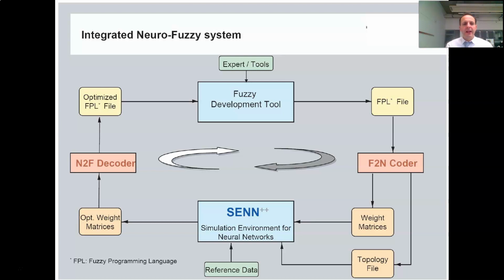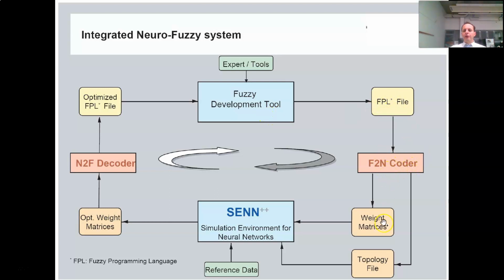So finally, we can think of an integrated tool, because you have an expert, or the designer, using a fuzzy development tool, so the fuzzy logic programming file. You have a decoder which converts, for example, the neural network to a fuzzy system, and you have the fuzzy development tool and the fuzzy logic programmer.